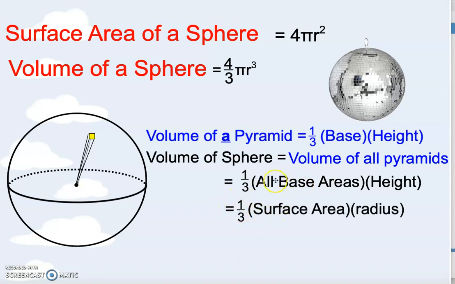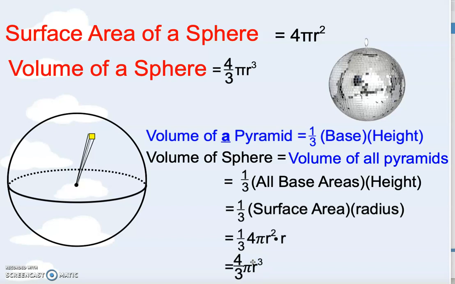That's 1/3, and all the base areas is just the surface area of this sphere times the height. Now, do you see that the height of this pyramid right here is the same as the radius? And so if we substitute in our formula for the surface area, we get 1/3 times 4 pi r squared times the radius, and that's where the 4/3 pi r cubed comes from.